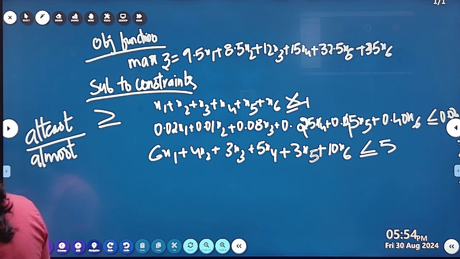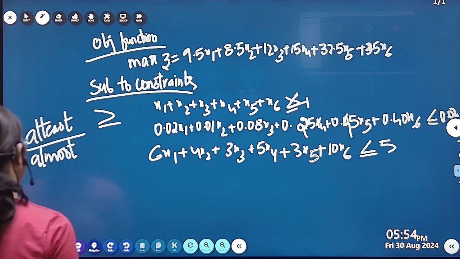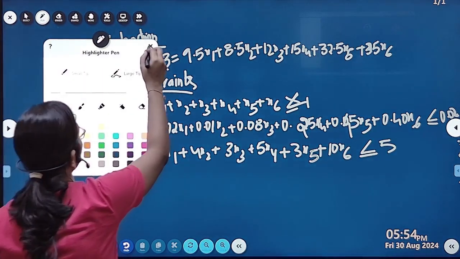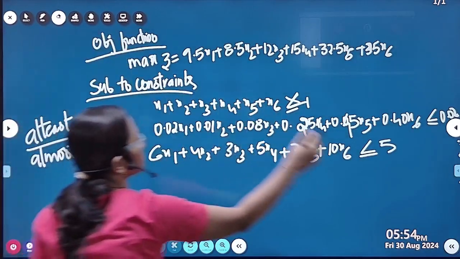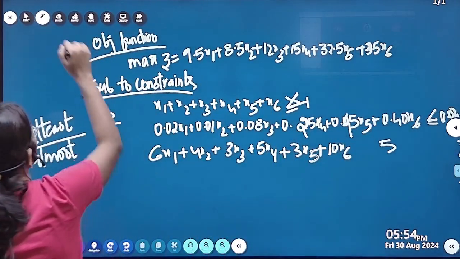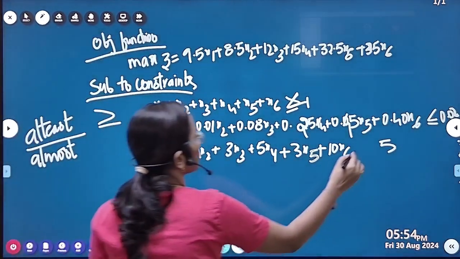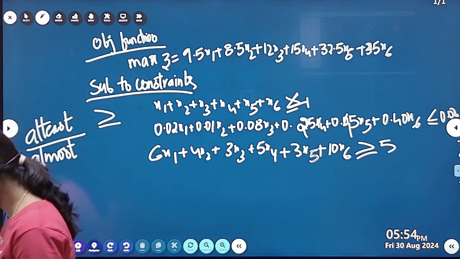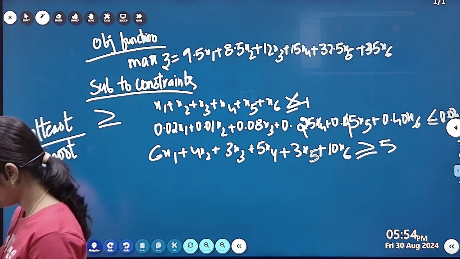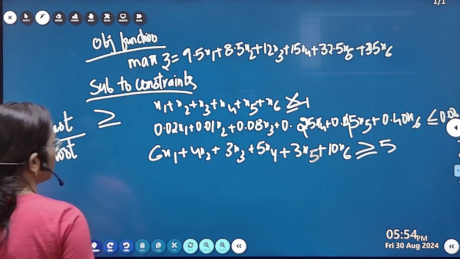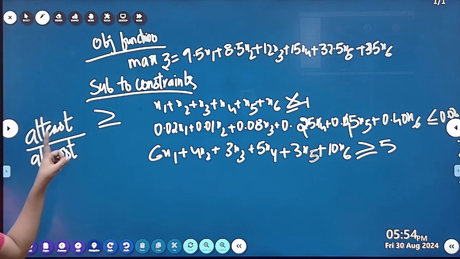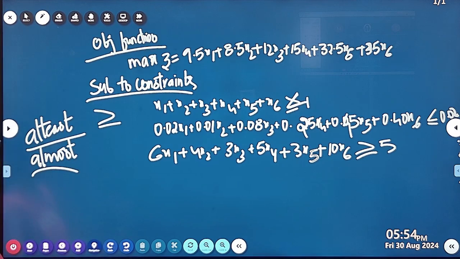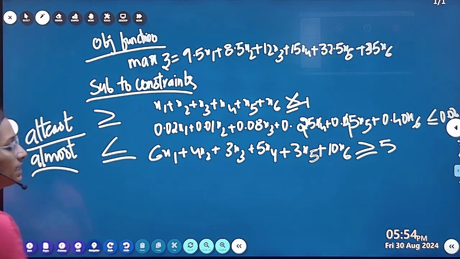Okay, so it is at least. Whenever the question says at least, the symbol should be more than or equal to. When the question says at most, the symbol should be less than or equal to.